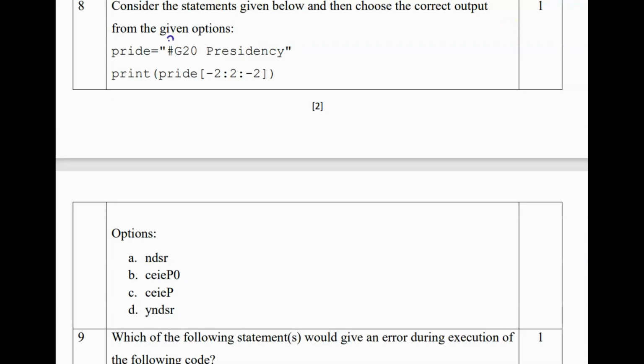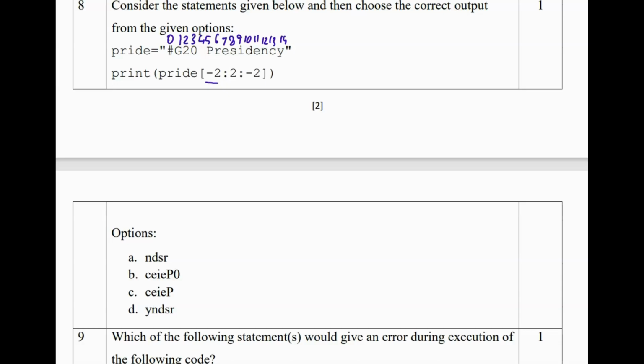Now the indexing goes 0, 1, 2, 3, 4, 5, 6, 7, 8, 9, 10, 11, 12, 13 and 14. It should start with -2, so you should make the negative indexing also. Let me enlarge it: -1, -2, -3 and -4.